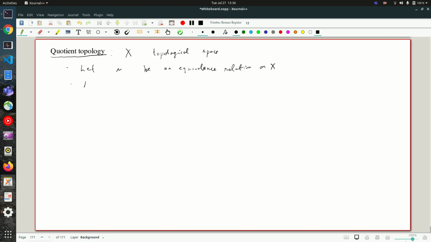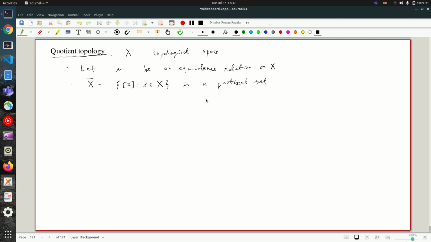Okay, we have a quotient set. So let me call it X bar, which is the set of equivalence classes of elements in X. There is a quotient set. So cyclic groups are constructed this way.